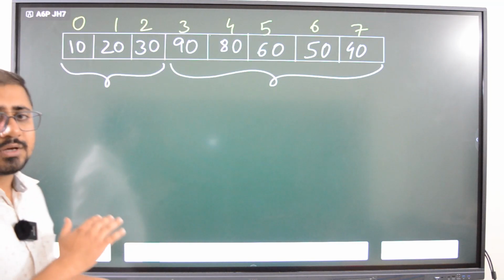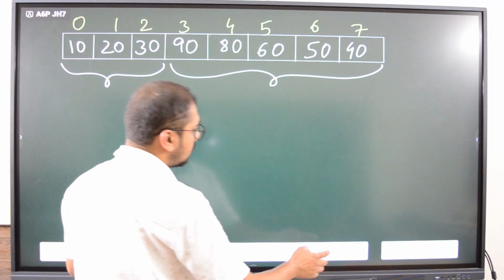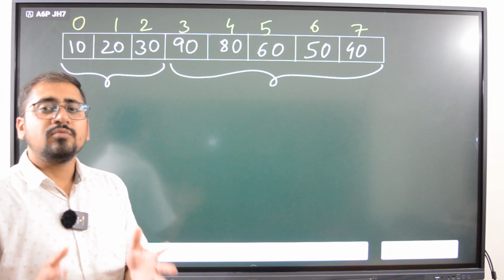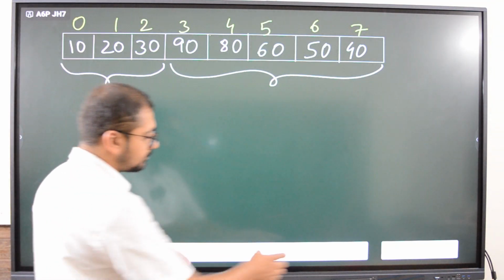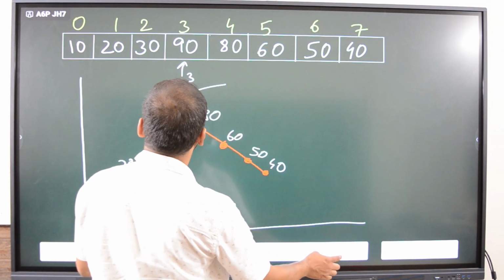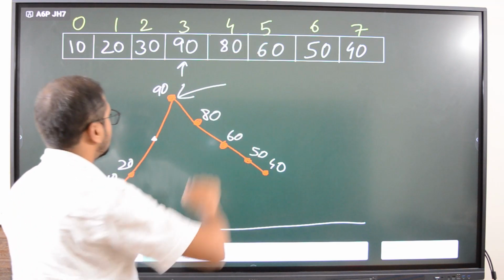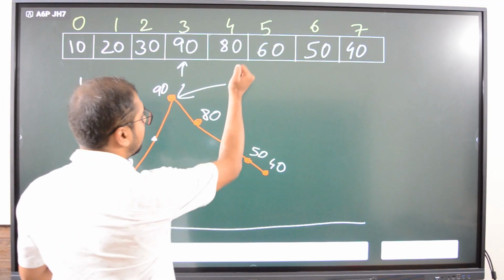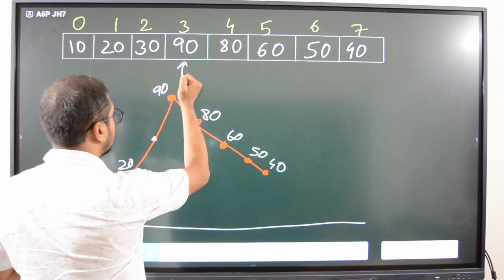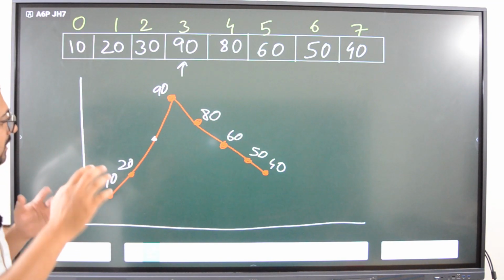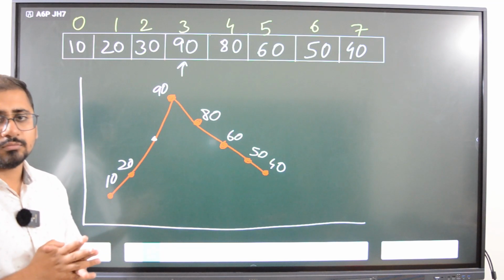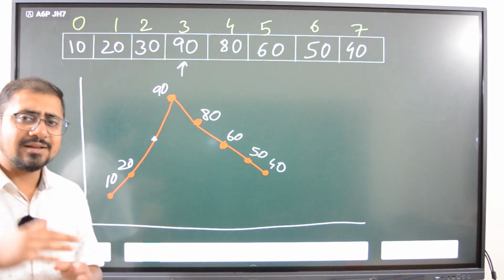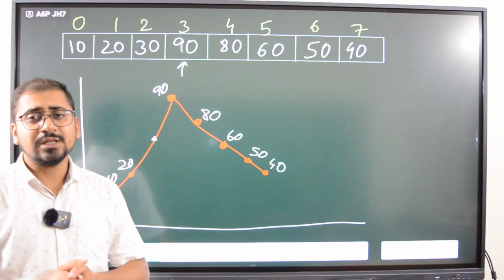Now let's go back to the graph again and find out how we are going to find the peak here. So here we had this graph, right? Now wherever we get a mid value, what would we do? We will go on the right side or we will go on the left side, right?